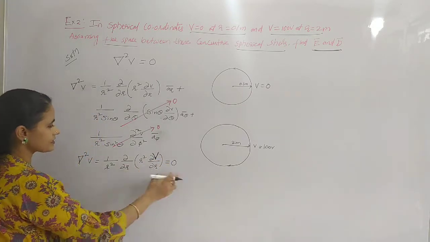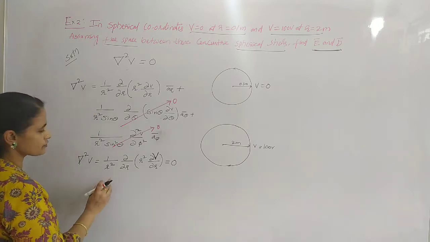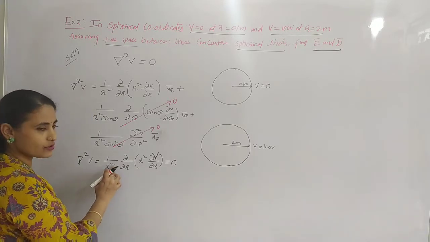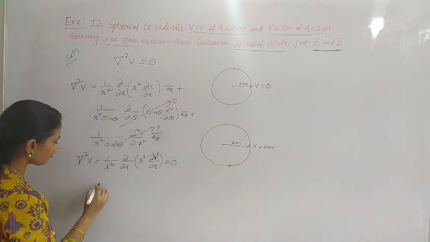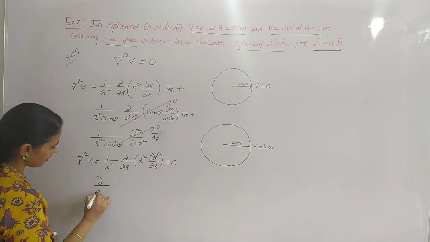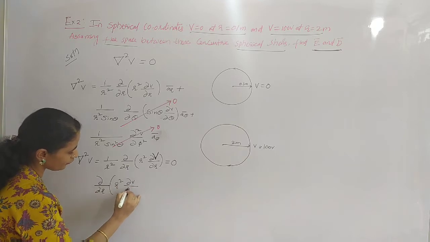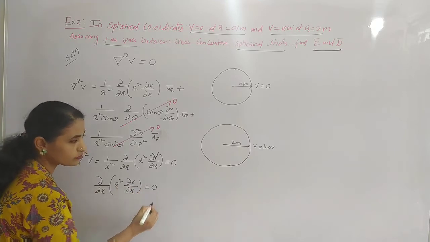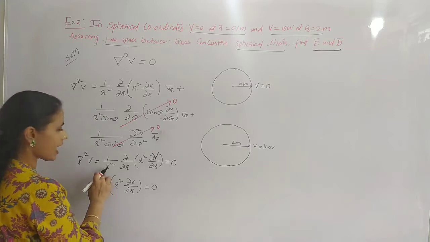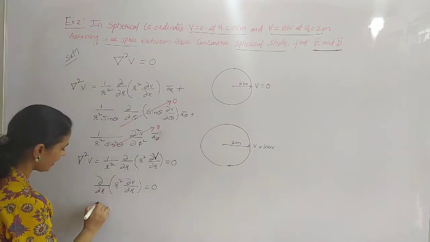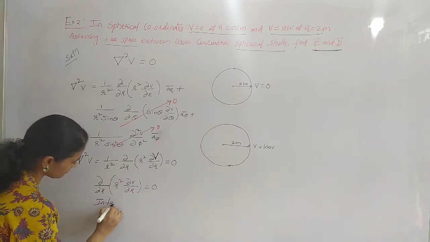So our primary job is to get the value of V, the electric potential. For that, let us integrate on both sides. Before that, I will take the r square term to this side, so it will be 0. The left out will be dou by dou r of r square dou V by dou r equal to 0. Now integrate on both sides.